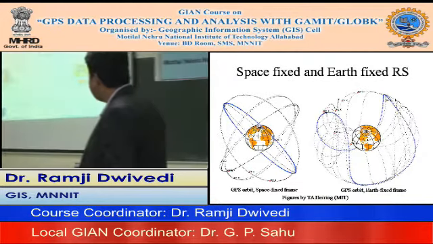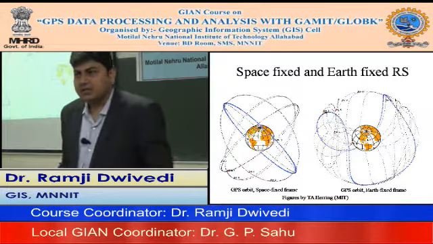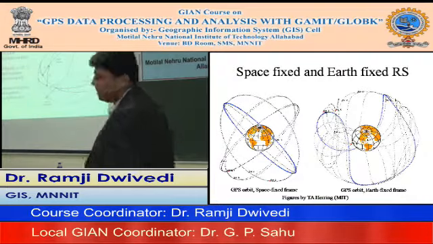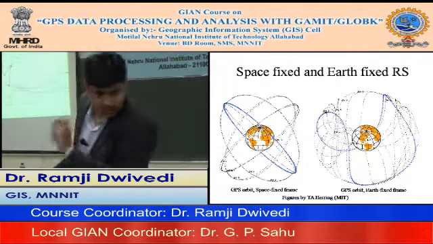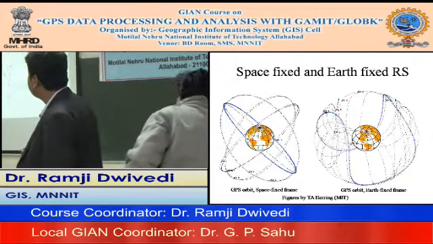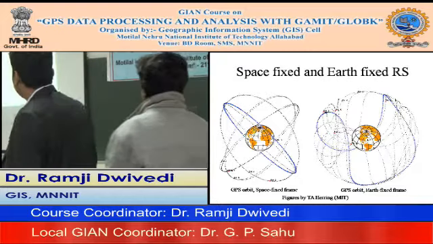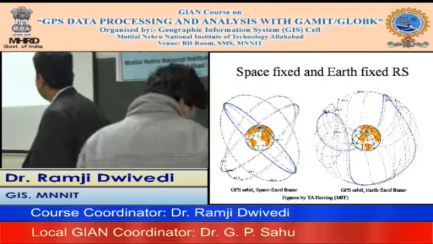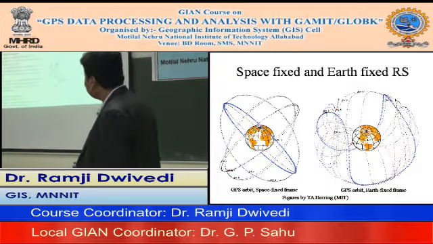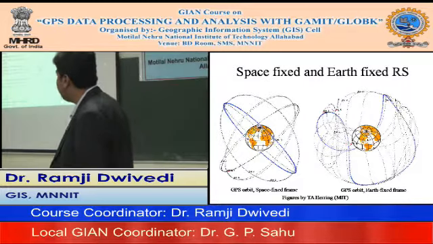So instead of Earth fixed, Earth centered, we have to move to a space fixed kind of frame, which the slide shows as a space fixed coordinate system, also called the Earth centered inertial frame. We need to understand that the origin of this system is the Earth's center of mass.